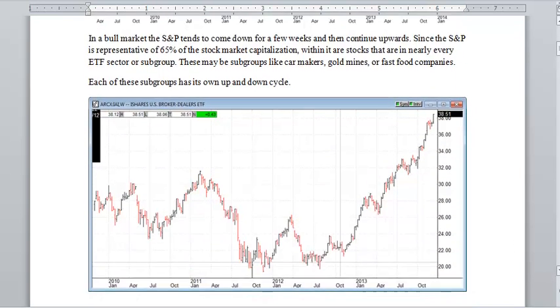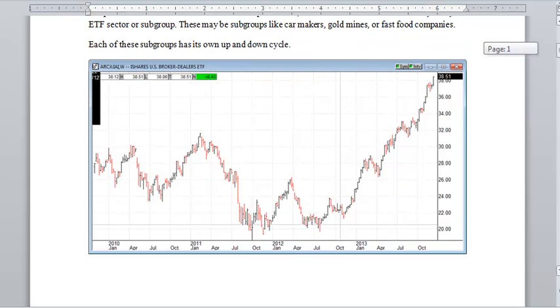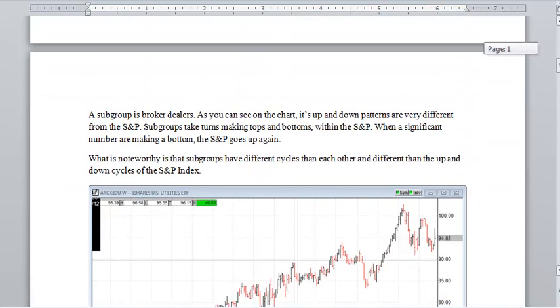Here's a nice example of a subgroup, and we can see that this pattern is totally different than the S&P. This is U.S. broker dealers, for example. That might be companies like TD Ameritrade, or actually that would be under a bank. Who's a broker dealer that's listed?